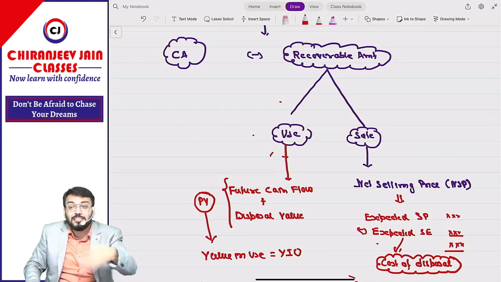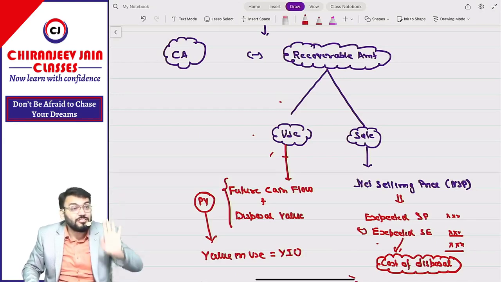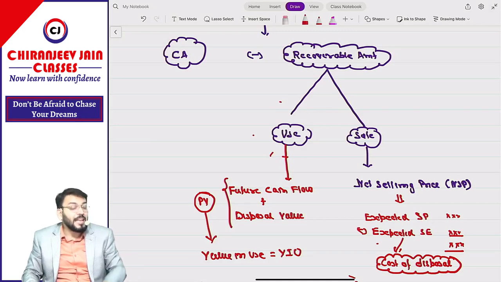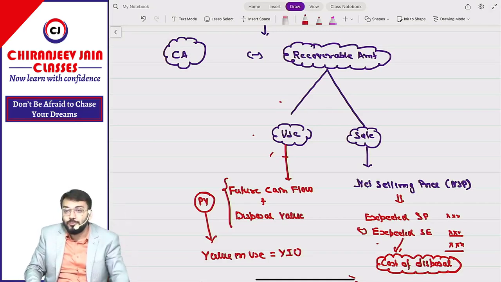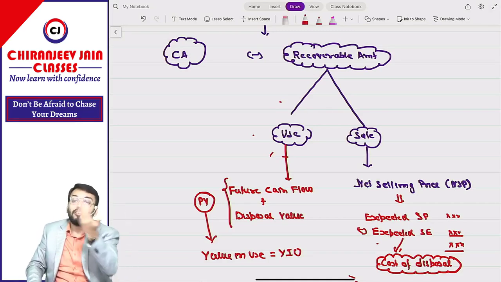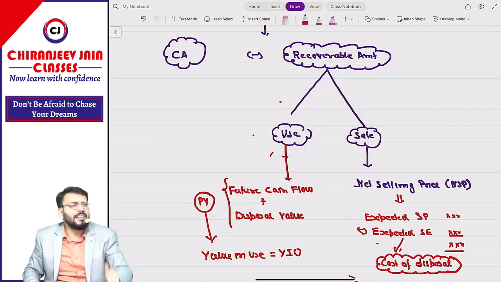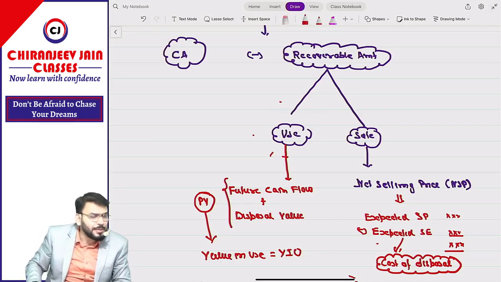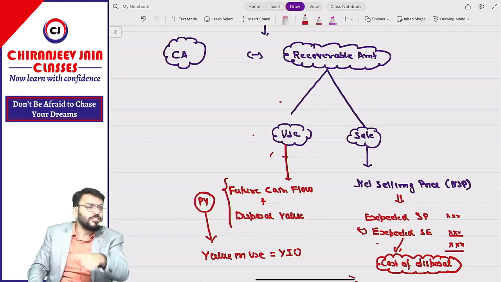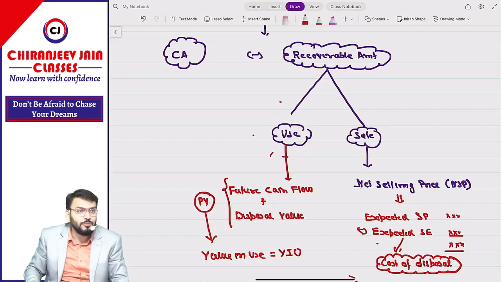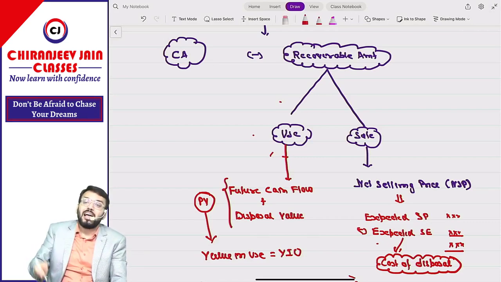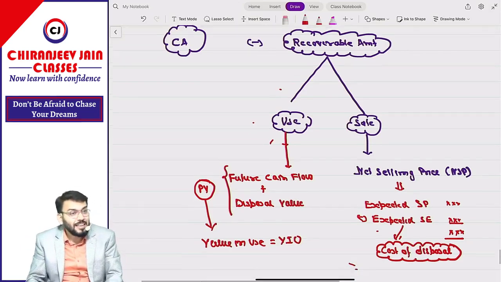So we need to estimate the future cash flow which can be generated from the use, and then estimate a disposal value. Then we calculate present value at a given rate of discount. That discount rate will be given. So you can calculate present value of this future cash flow plus disposal value. This amount is known as what? Value in use. The recoverable amount is either value in use or net selling price, whichever is higher or lower.